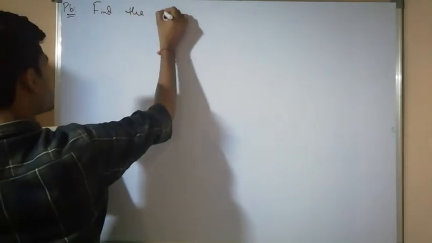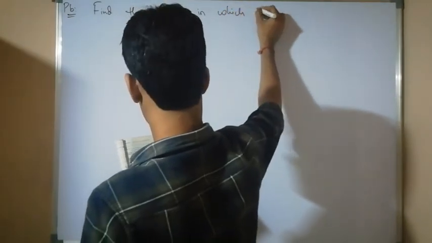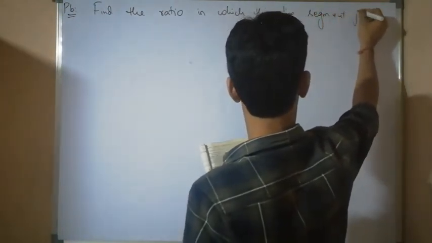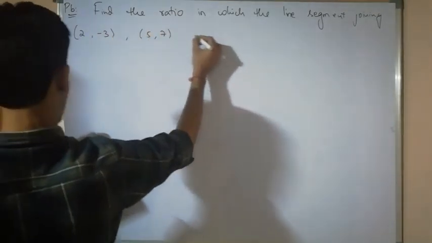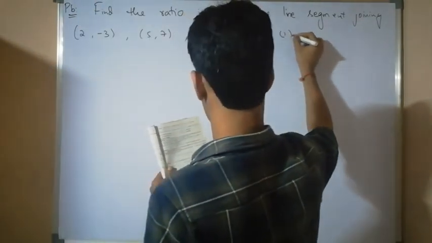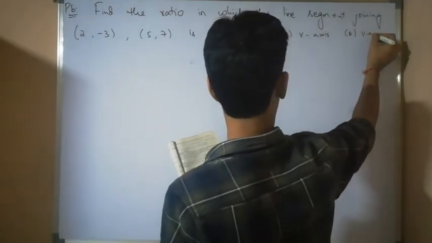Let us discuss a problem. Find the ratio in which the line segment joining 2 comma minus 3 and 5 comma 7 is divided by x-axis, second one, y-axis.